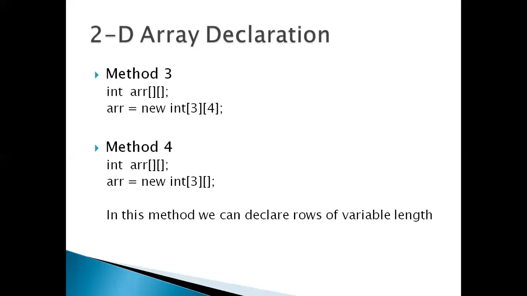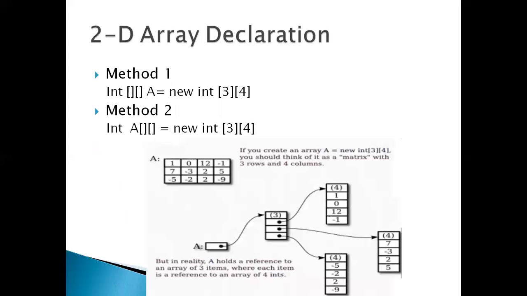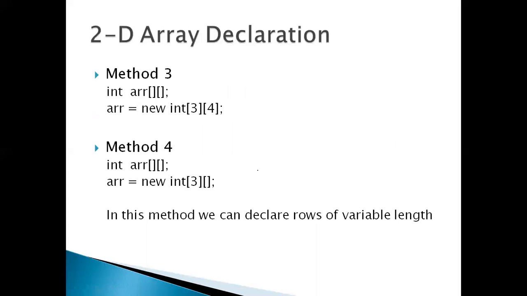In this case we can change the length of these arrays. So we can keep the length of the first array to 4, the length of the second array to 2, and so on. We can change the length of the arrays as per our convenience in this fourth method. This is the advantage of the fourth method.